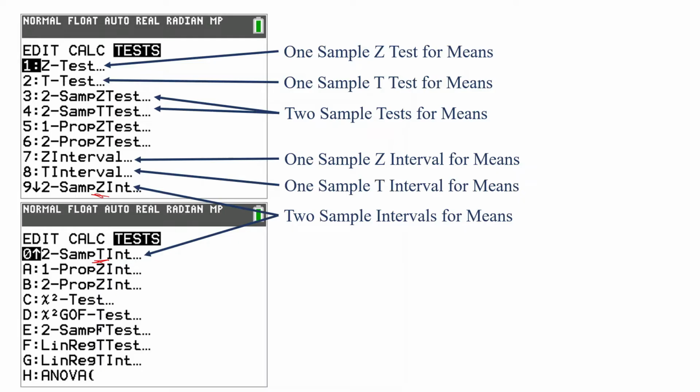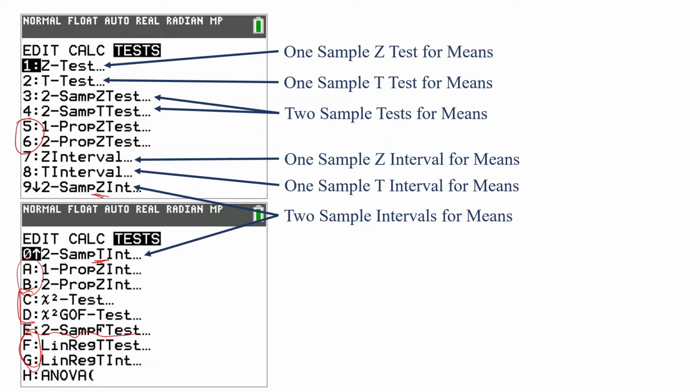Okay. Now, we've gone over 5 and 6 and A and B as well in Unit 6 because those were proportions. C and D are going to be covered in the next unit, in Unit 8, because those are our chi-square distributions. We are not going to cover E in AP Statistics. We are going to go over F and G. That's going to be Unit 9 in AP Statistics.